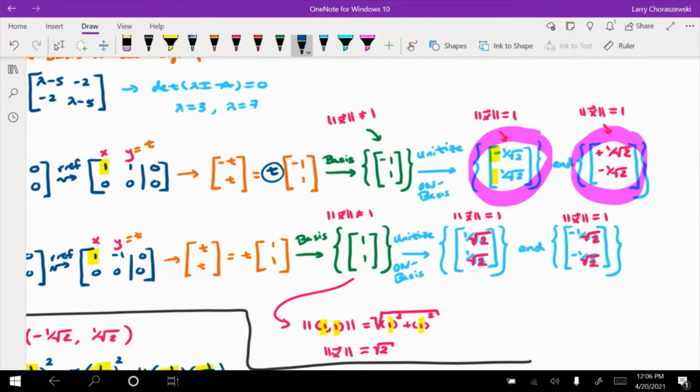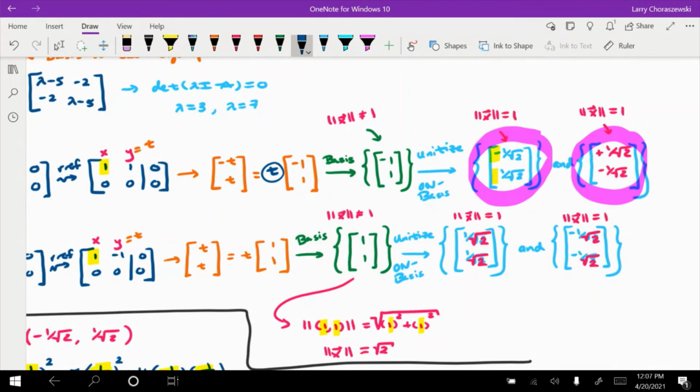So if I were to multiply the first basis vector by, say, 5, then the second basis vector would no longer have a norm of 1. So in order to get a second basis vector that still has a norm of 1, the only possibility is to change the signs.